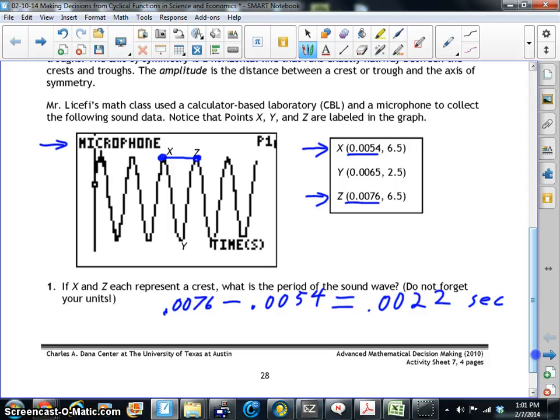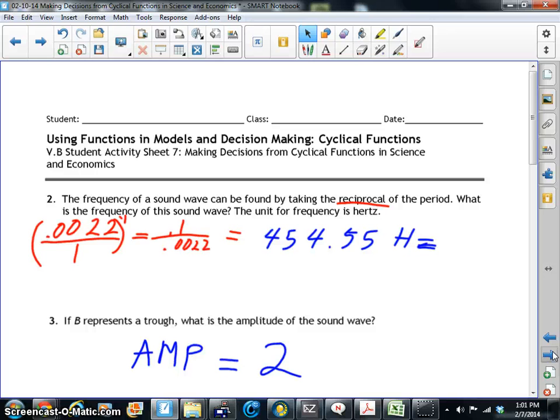So every 0.0022 seconds, we start a new period, which means we go through a cycle. Each time 0.0022 seconds go by, there's a new cycle. All right. So frequency of a sound wave can be found by taking the reciprocal of the period. So that's really easy.